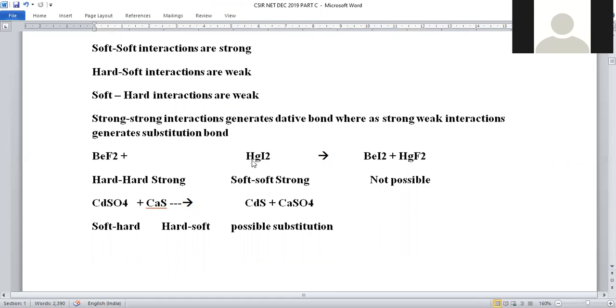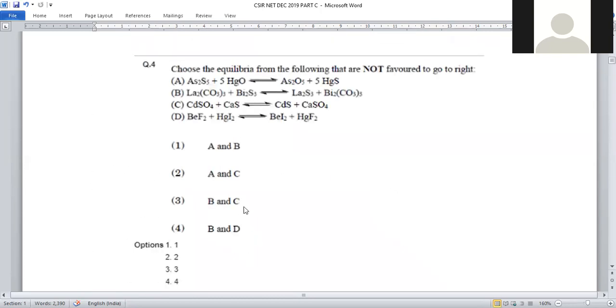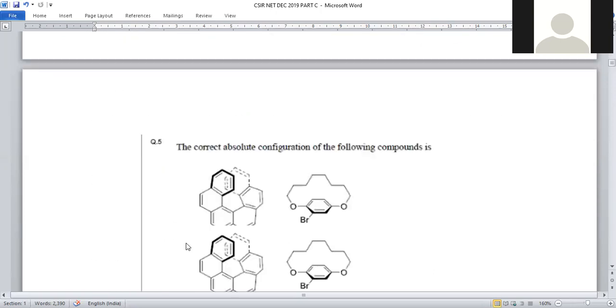When mercury diiodide is taken, mercury being a soft metal and iodine also a soft halogen, soft-soft interactions are considered stronger ones. Since we are taking strong interactions, this kind of combination may not be possible and substitution may not be possible. The option pertaining to this beryllium difluoride reaction will not be feasible, and that is option number 4. The right answer for question number 4 will be option number 4 only, right?